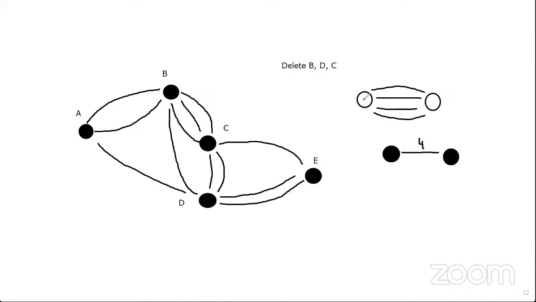From here to here, they are 4: 1, 2, 3, 4. So you can just delete all the edges, then make one edge and put label 4. So that's to make it simple.